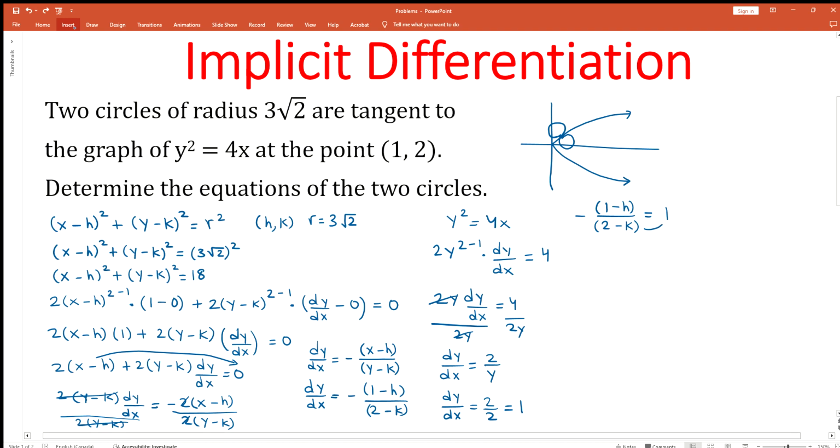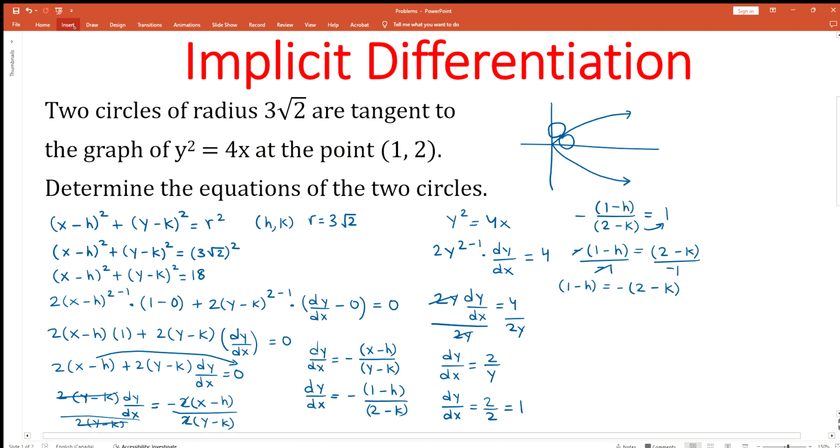We should cross multiply 2 minus k to the right side. 1 times 2 minus k is just 2 minus k. Next, we can divide both sides by negative 1. This is the equation we get for h and k.